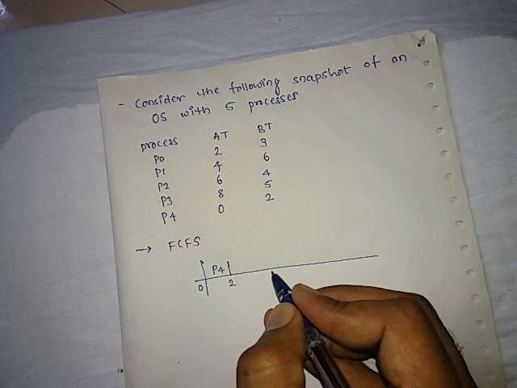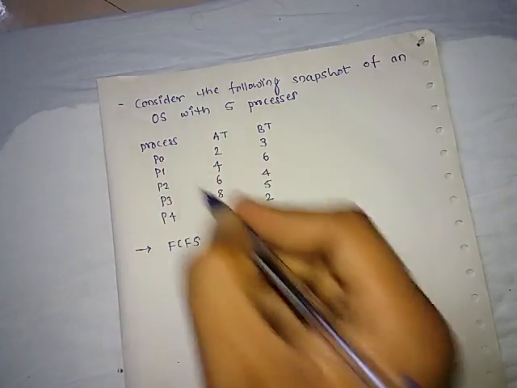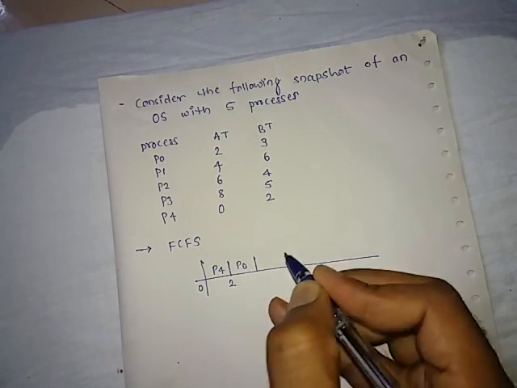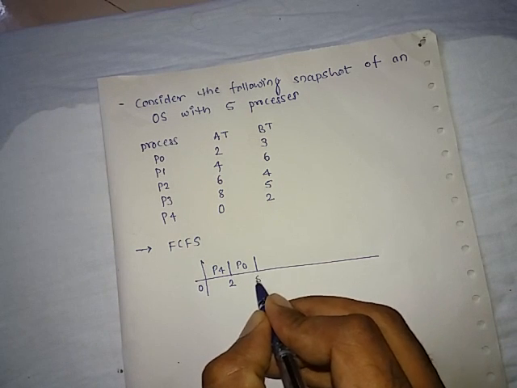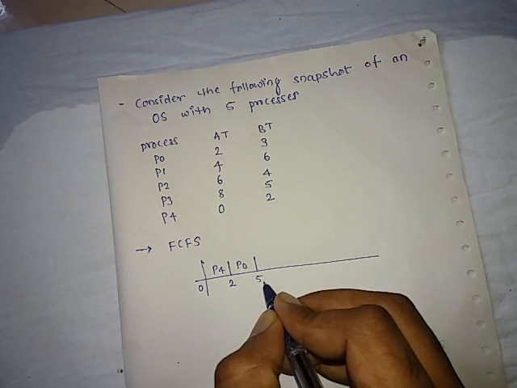at 2. Again check, is there any other process coming for the time interval of 2? Yes, there is a process, and that is the P0 process. So allocate it to your CPU and complete till the burst time 3, that is 3 plus 2, 5. Next, for the time interval of 5, is there any process?